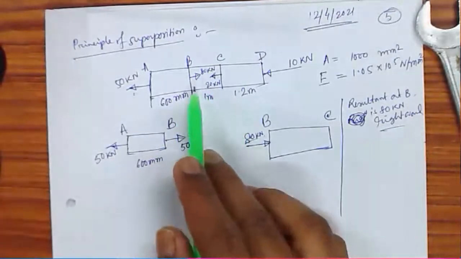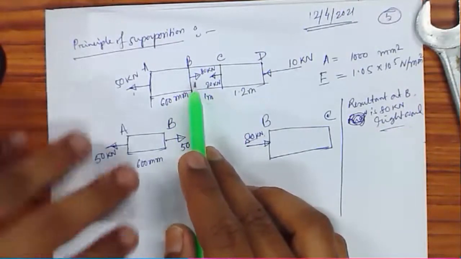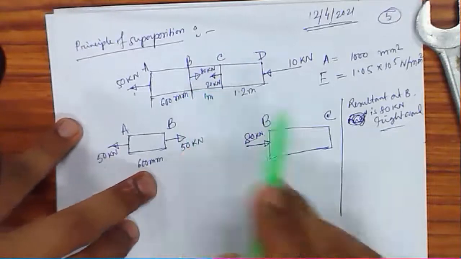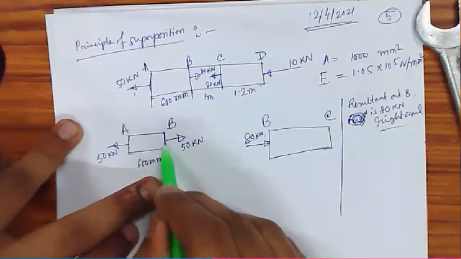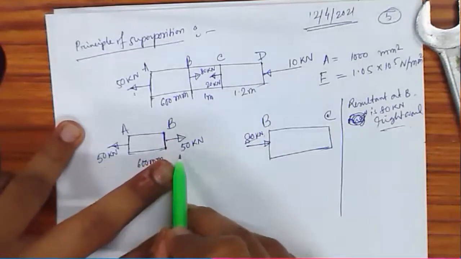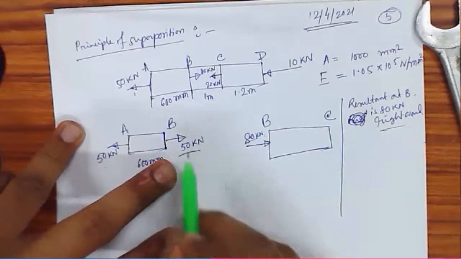Okay, we can see that at B there is a resultant force of 80 kilonewton. But this is also section B, and here we can find the force working is 50 kilonewton.